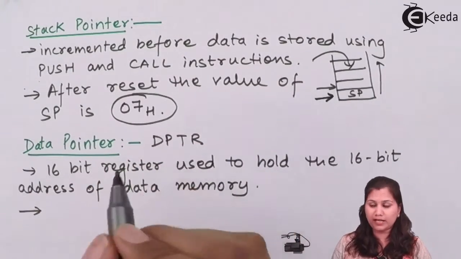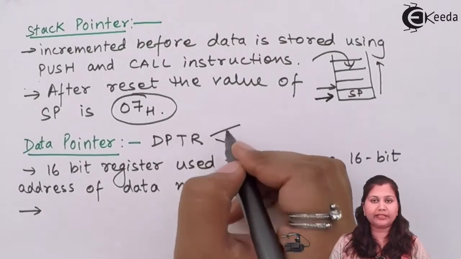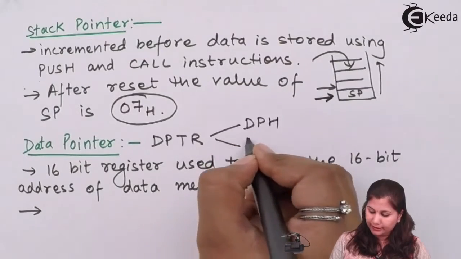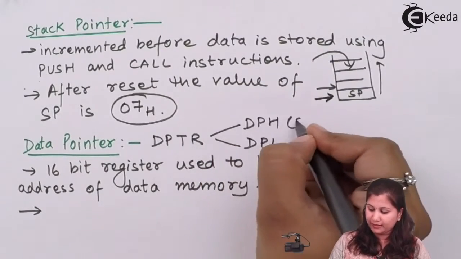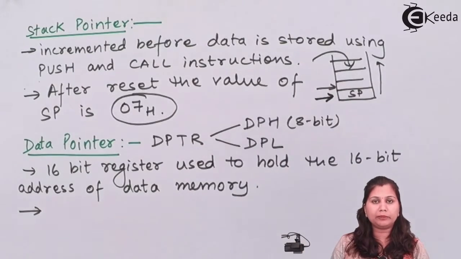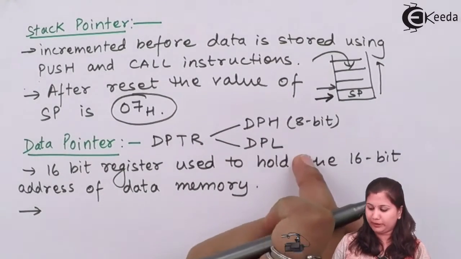Now this DPTR is of 16 bits, so it can be divided into 8-bit registers, which are DPH and DPL. These are 8-bit registers. If we want to store an 8-bit address, then we can use either DPH or DPL.